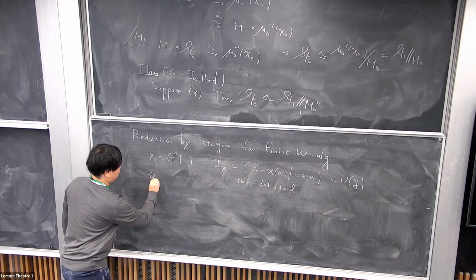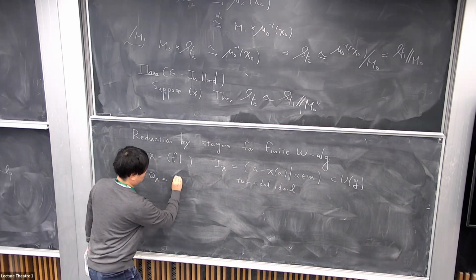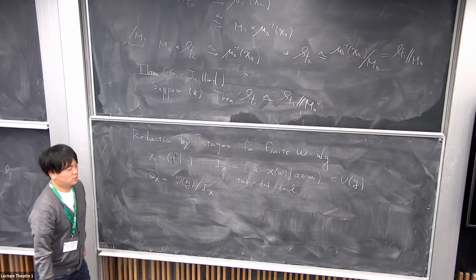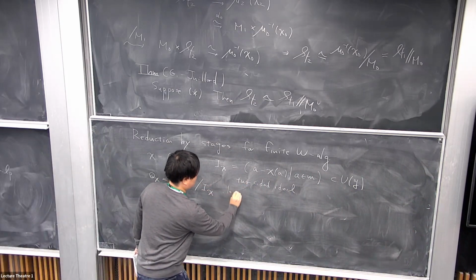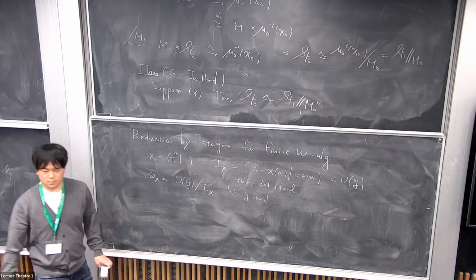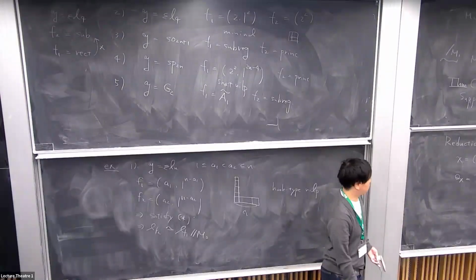We want to consider Q_chi. It's U(g) quotient by I_chi. It's a left module. It's sometimes called a generalized Gelfand-Graev module.